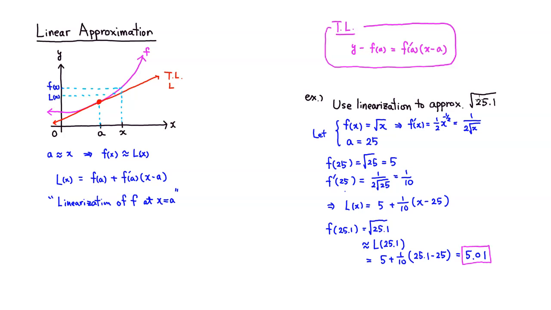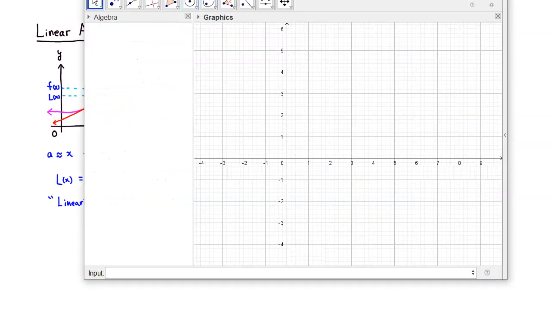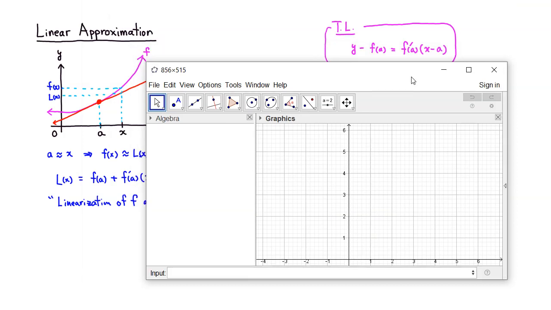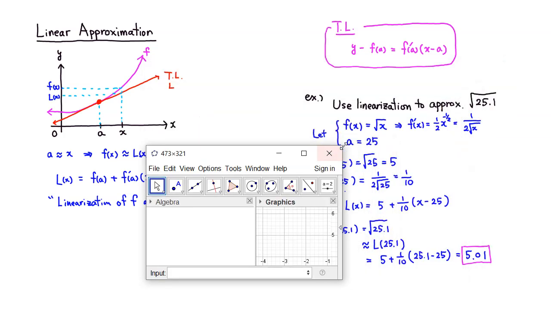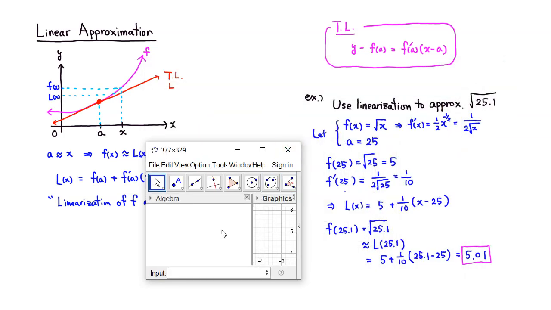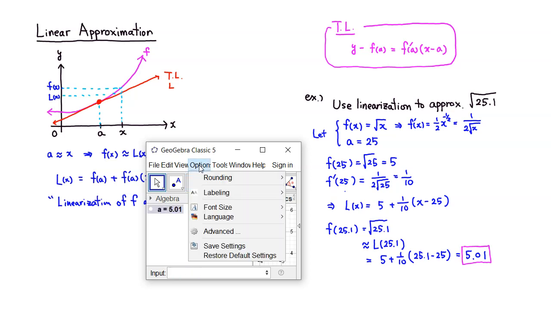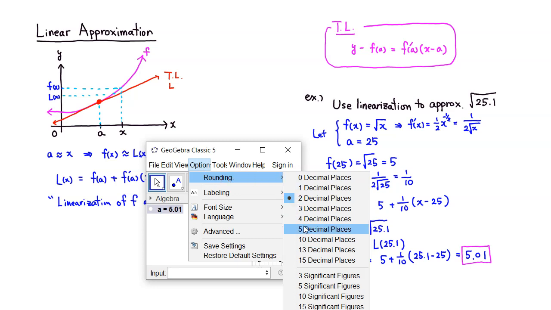Is this approximation reasonable? Let's try to check. Let's put it in GeoGebra. I want to find the value of the square root of 25.1 and hit enter. I want to see a little more precision here.